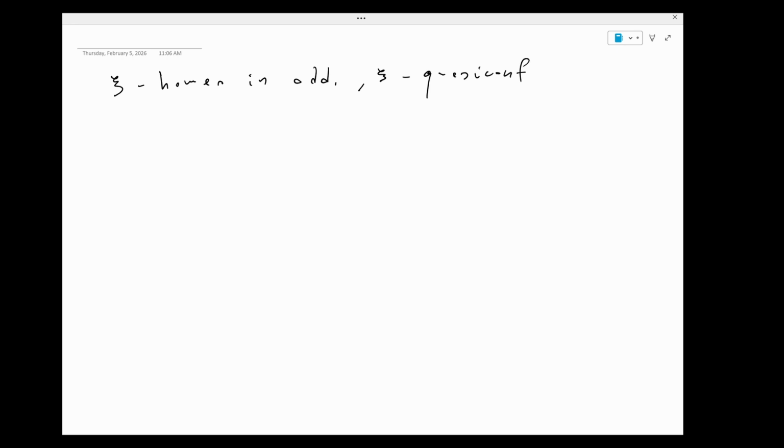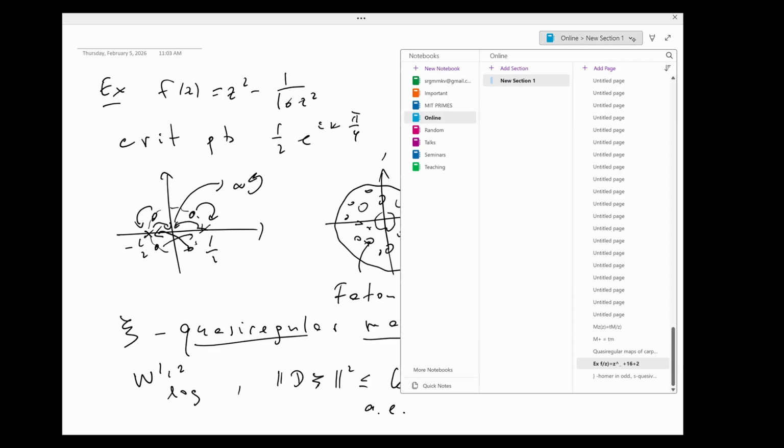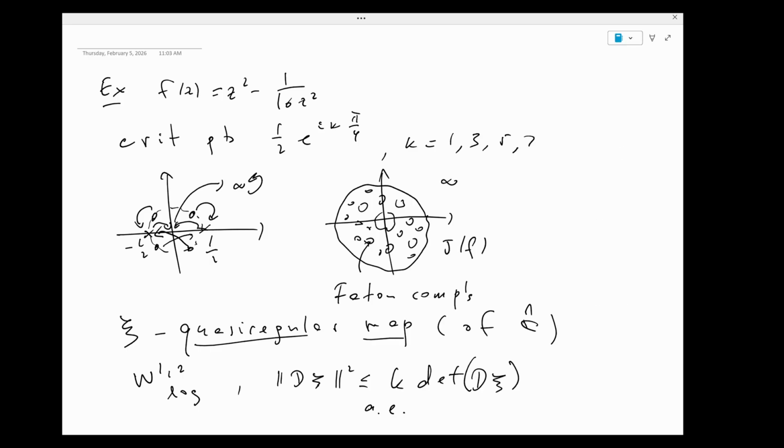Quasi-regular maps are locally quasi-conformal. I'll abbreviate quasi-conformal as QC, and I'll abbreviate quasi-regular as QR.